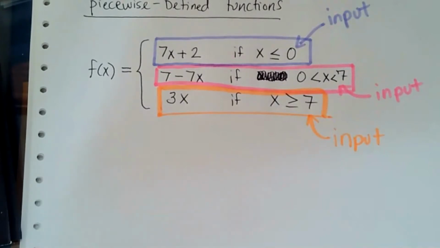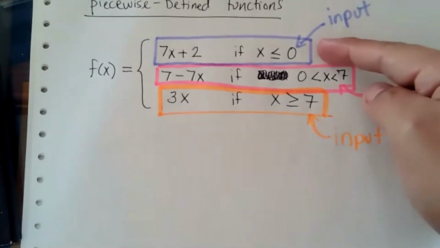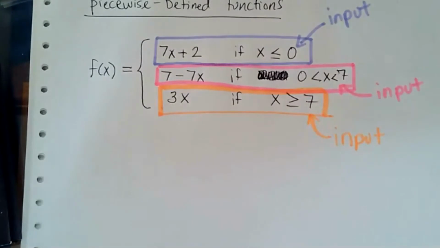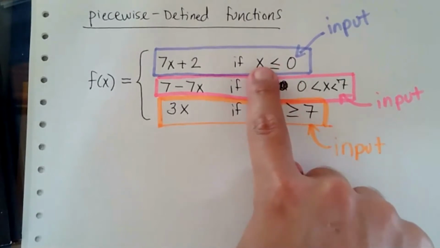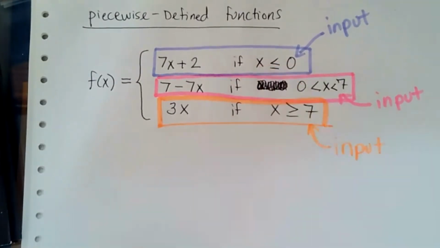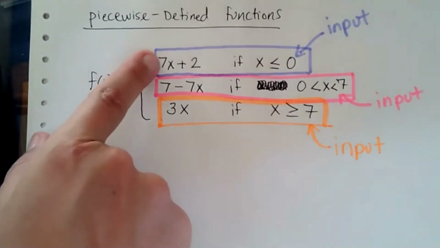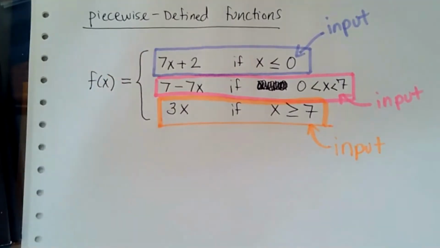So this is very much like what I was saying on Monday, where functions can operate like vending machines, where depending on the input, that will determine what kind of snack you're going to be able to afford. Not all snacks have the same input values, right? So any input value x that's less than or equal to 0 will allow me to use this equation to figure out what the output value is.